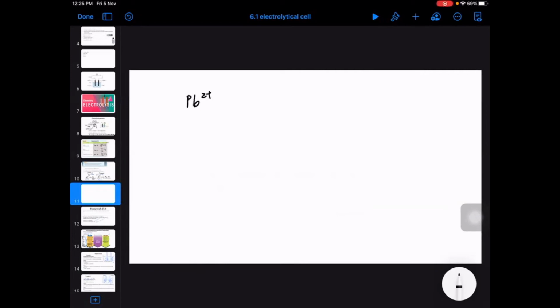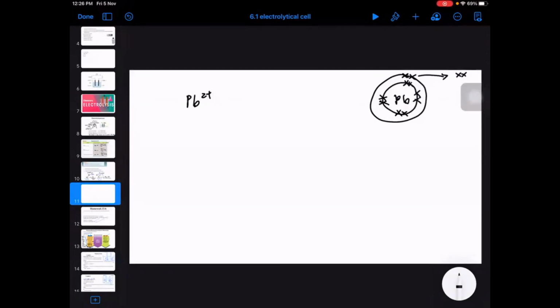This means this lead previously, let's say this is the lead, and on the last shell it has 2 extra electrons. So this lead loses these extra 2 electrons.